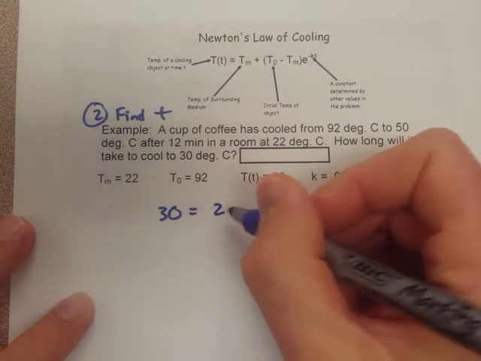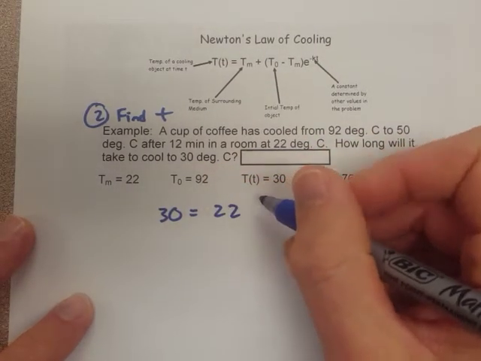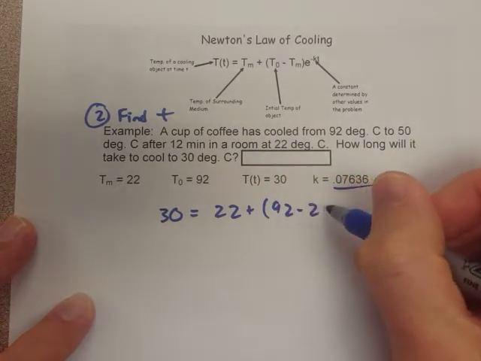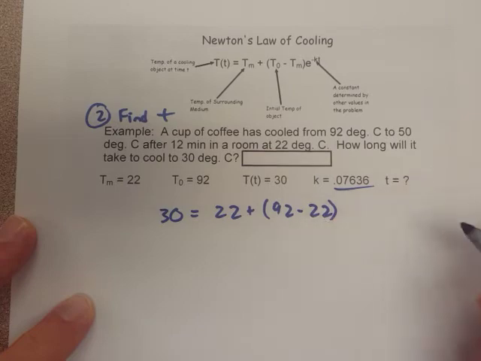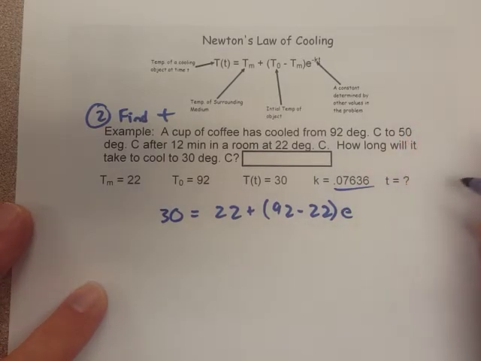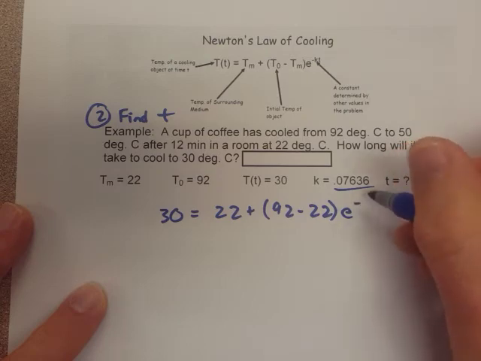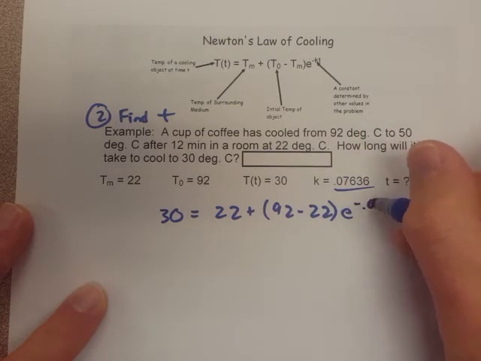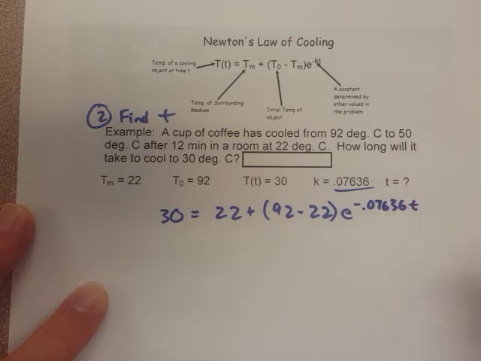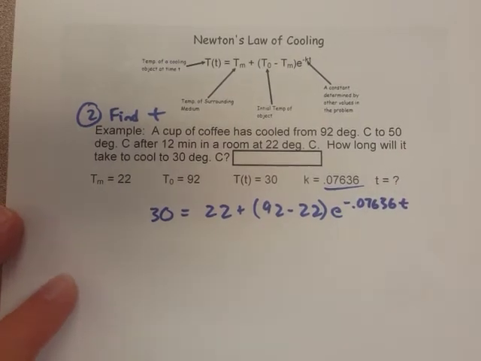We had 22 for t sub m plus 92 minus 22, that's t sub 0 minus t sub m, times e to the negative kt. Now we have a negative here. We now know k, which is 0.07636. t is missing in this case. We've got to find t.